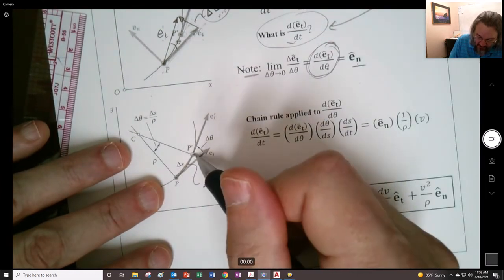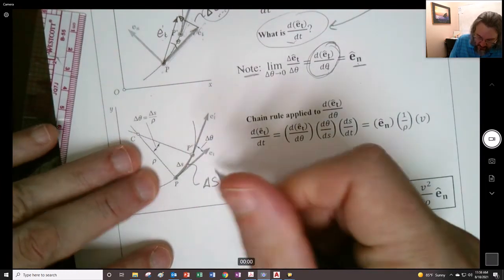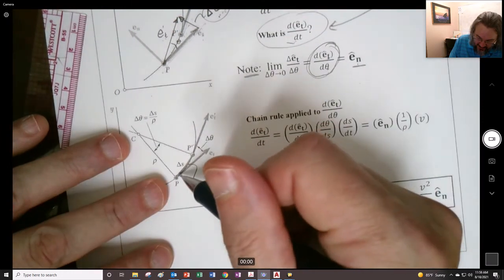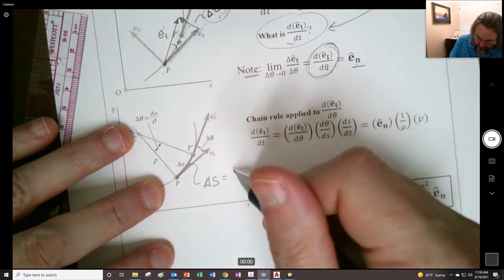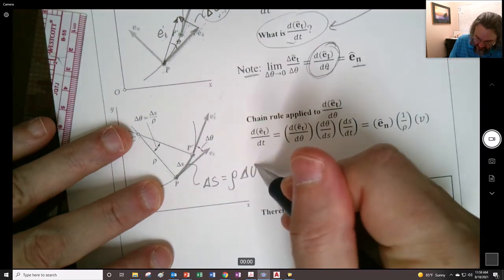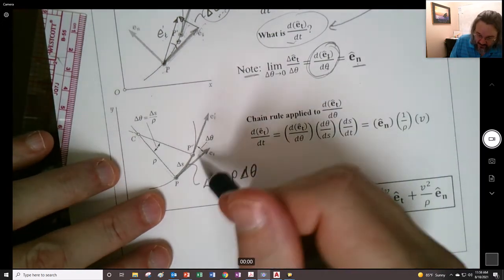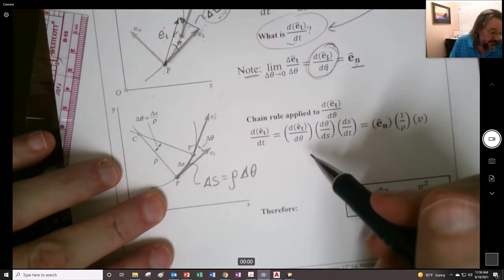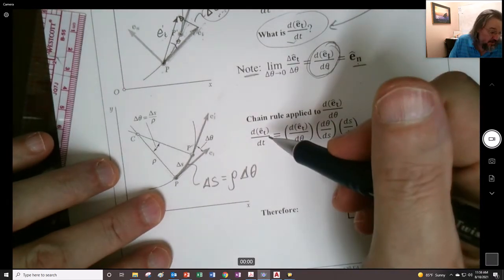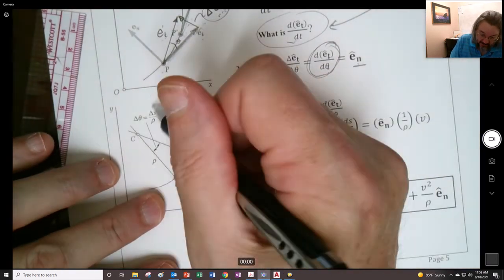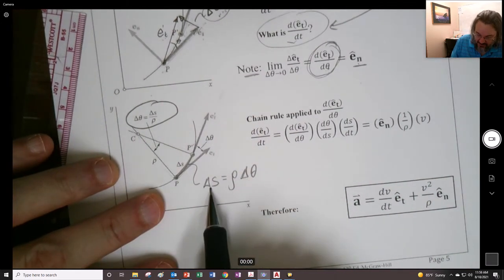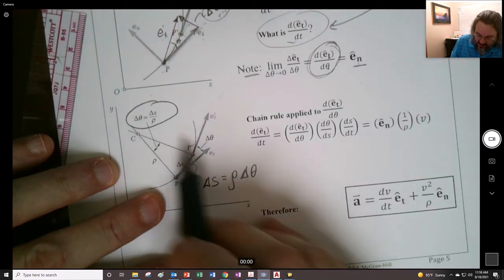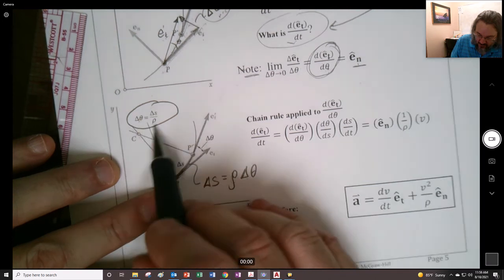It went from P to P prime. One way we could write that is the radius times the angle in radians, right? That defines an arc length. So we just divide that arc length by that rho, and that'll give us this relationship.